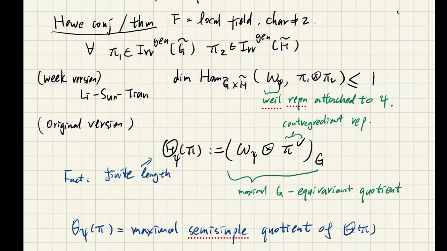But for some very small representations. Wait, because I remember, maybe you are talking about a GL_n case, or you're talking about the type 1 case.